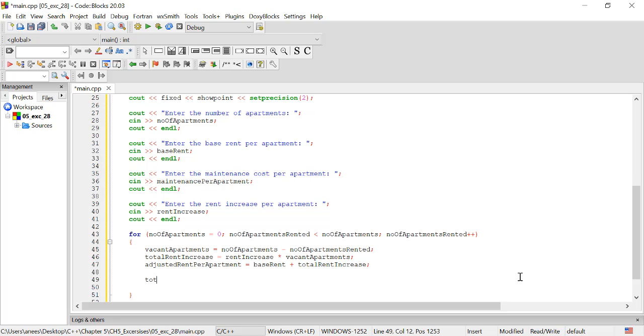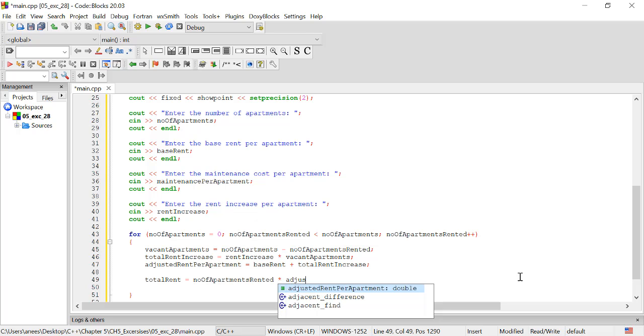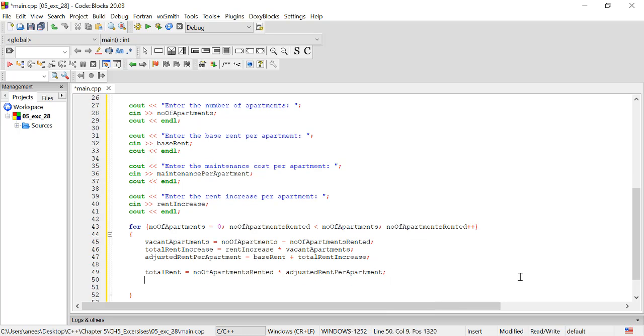And now total rent is equal to number of apartments rented times adjusted rent per apartment, semicolon.